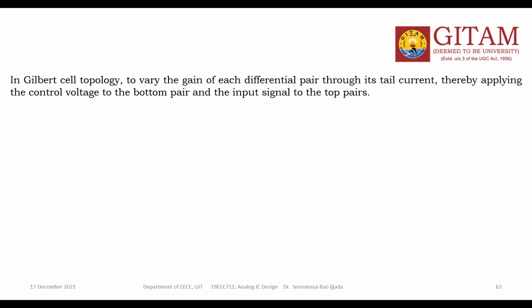Two. To vary the gain of each differential pair through its tail current, the tail current will steer it. So you apply the control voltage to the bottom pair and the input signal to the top pairs. Interestingly, the order can be exchanged while still applying the VGA.